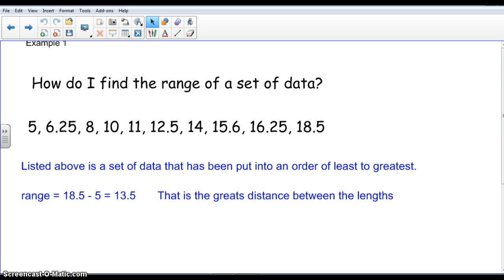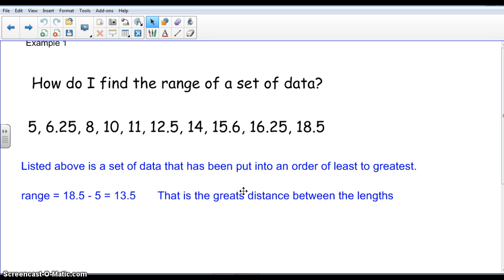You would then subtract the lowest number in your range of data from the highest number. So in this case, you had 18.5, which is the highest, minus 5, which is the lowest, and that will give you 13.5. And that is the greatest distance between the two lengths, is 13.5.